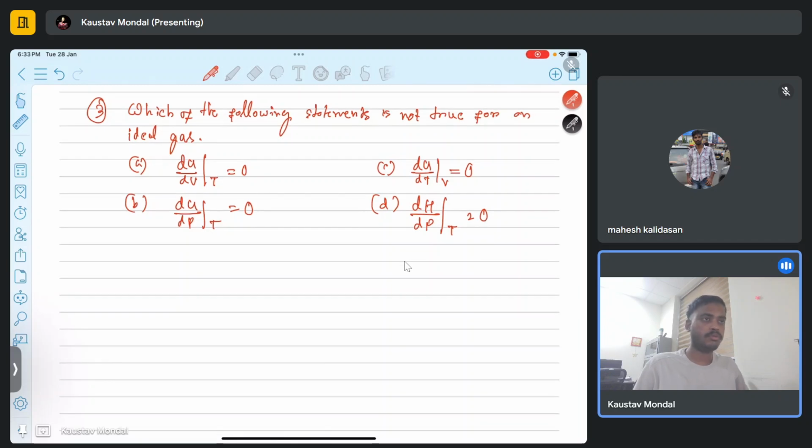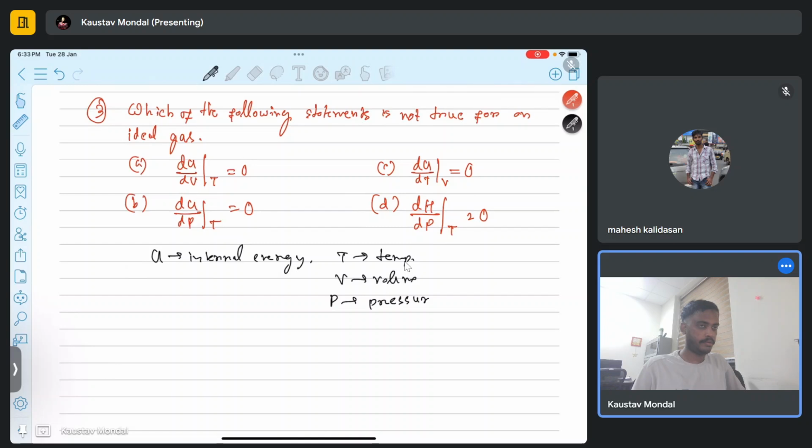Which is not true, that means which statement is false. U here is the internal energy, T is the temperature, V is the volume, and P is the pressure.